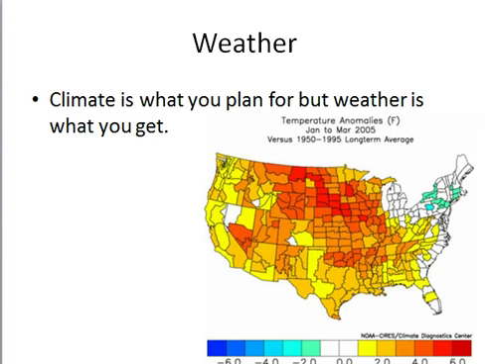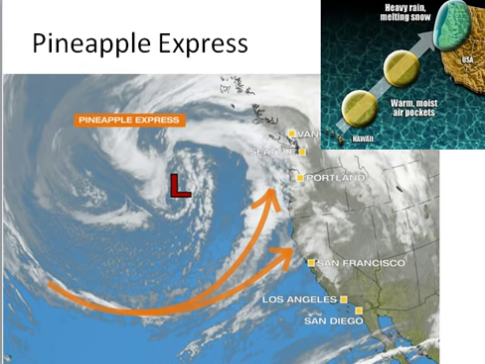Just looking at those maritime air masses and continental air masses, one of the weather systems that we have every once in a while in the Northwest is called the Pineapple Express.